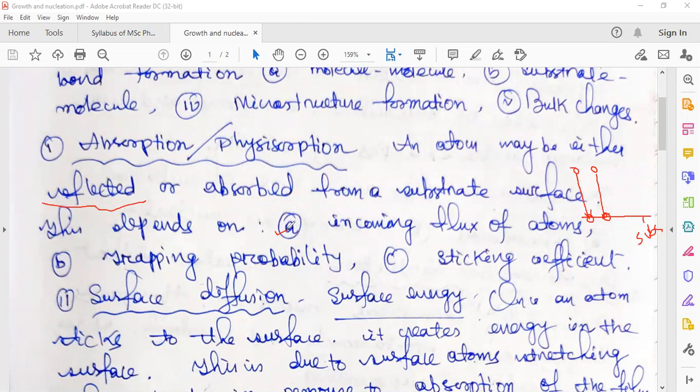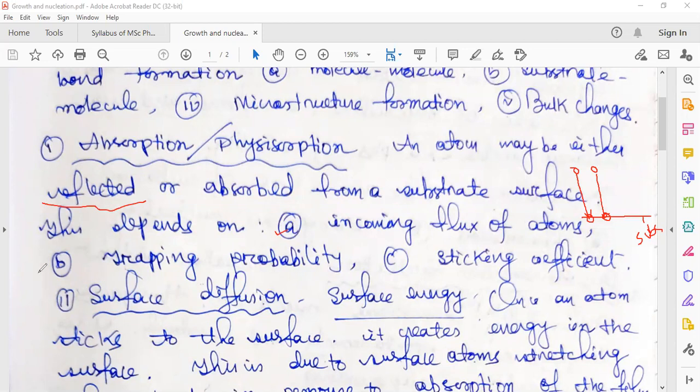Incoming flux of atoms means how many atoms are getting incident on the substrate per unit area. So that is the flux.